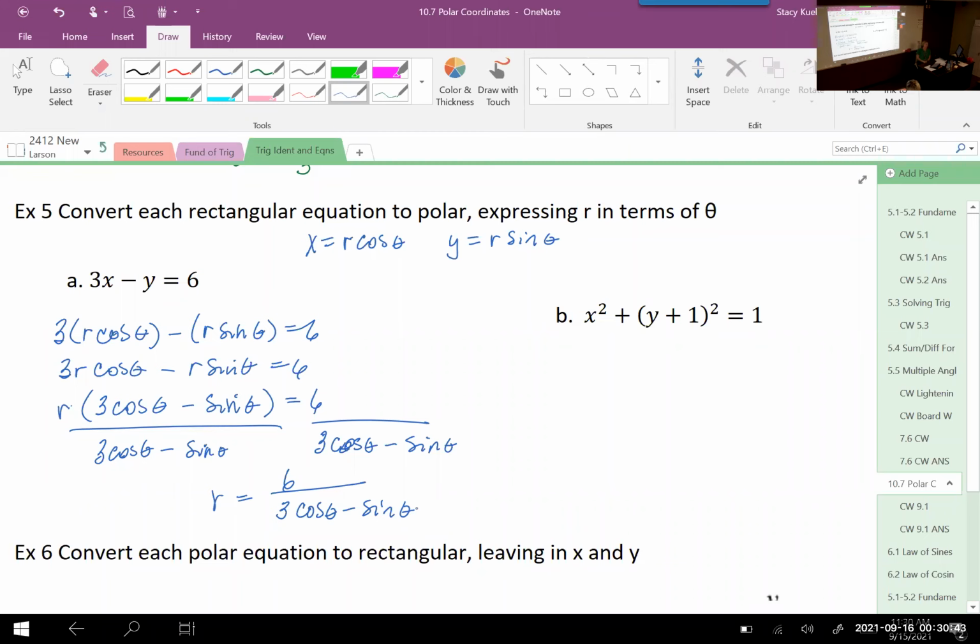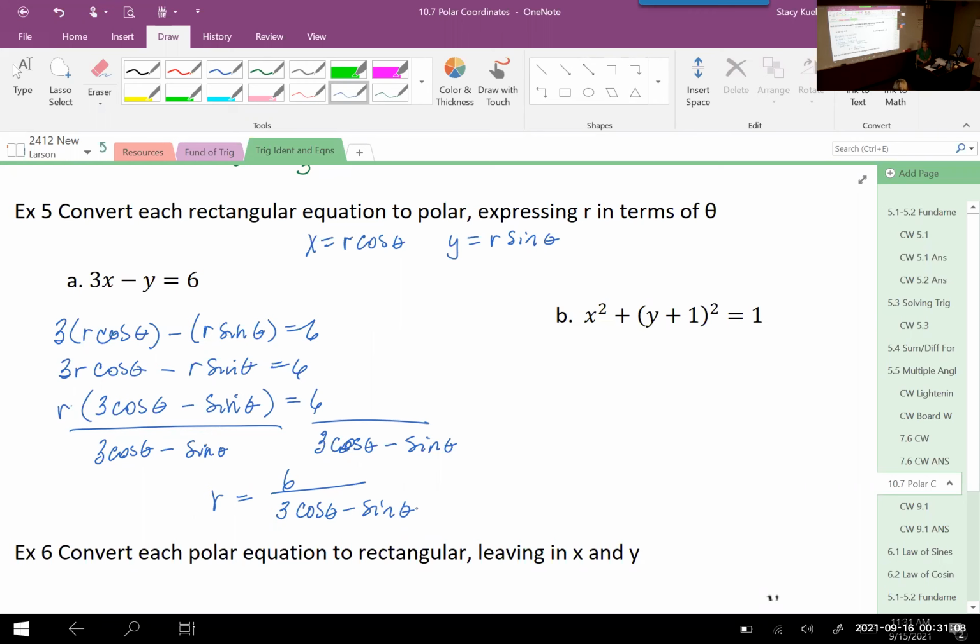Now let me point out for just a second, go back to the rectangular equation that we started with. What type of graph would that look like? 3x minus y equals 6. What kind of function is that? Come on, you know what this is. It's linear, right? X is raised to the first power.